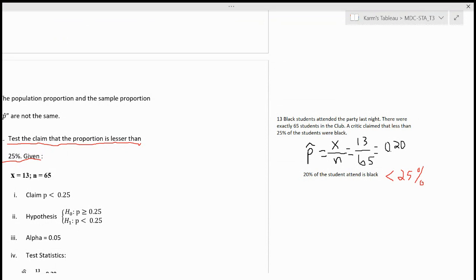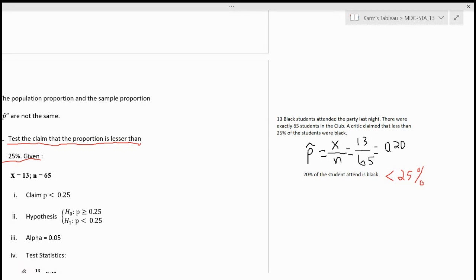Usually when they have the party, less than 25% of them would be black. So you can try to generalize it, because you think something is unfair, something is not right. You understand? So people will believe this is a true statement. But what we need to do is a hypothesis test to see if it's a true statement or a false statement.